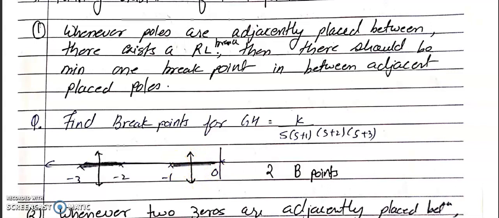This is obviously a breakout point because the root locus always starts from the poles. So the root locus will start from the poles and go towards the zeros. It starts from these poles and, since the root locus is symmetric about the x-axis, it will always go to both sides, right?